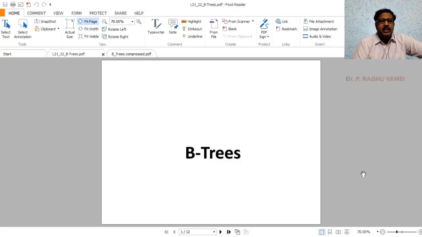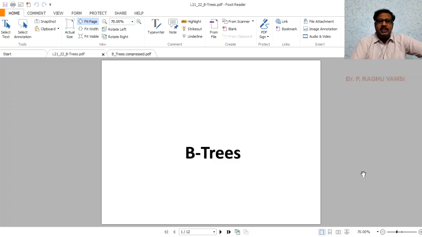Here the main content may be a file, or maybe a folder, or maybe any other thing which is to be stored on the hard disk. That is the idea of the B tree.